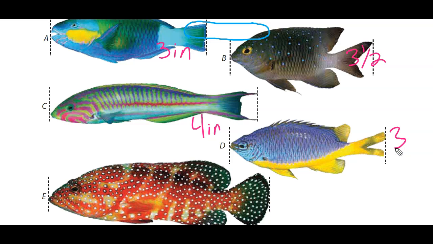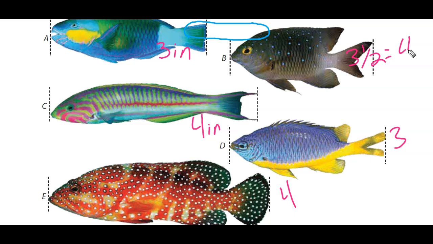And E? 4.5. Are you sure? I would say roughly around 4. It's a little less than that. So this would be about 4. This would also be about 4 because they want to go to the nearest inch, right? So if it's a half or more, you round up. If it's less than a half, you round down.